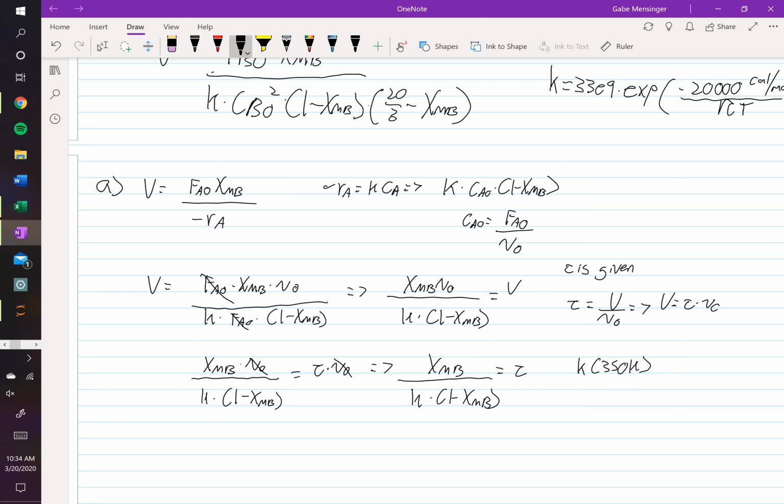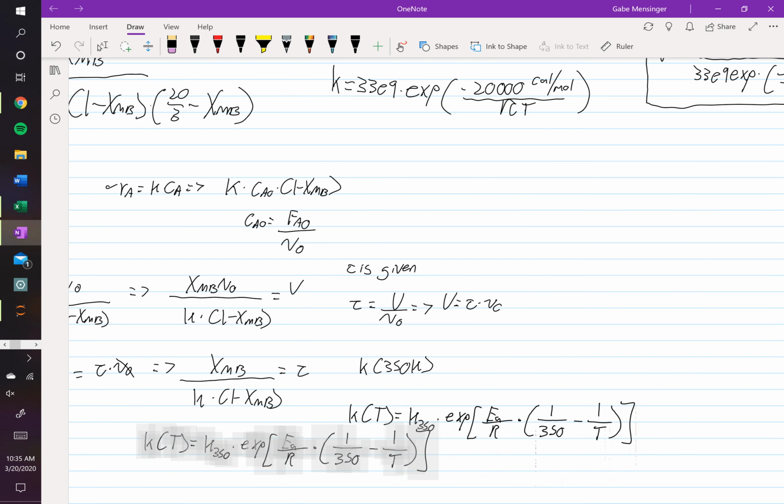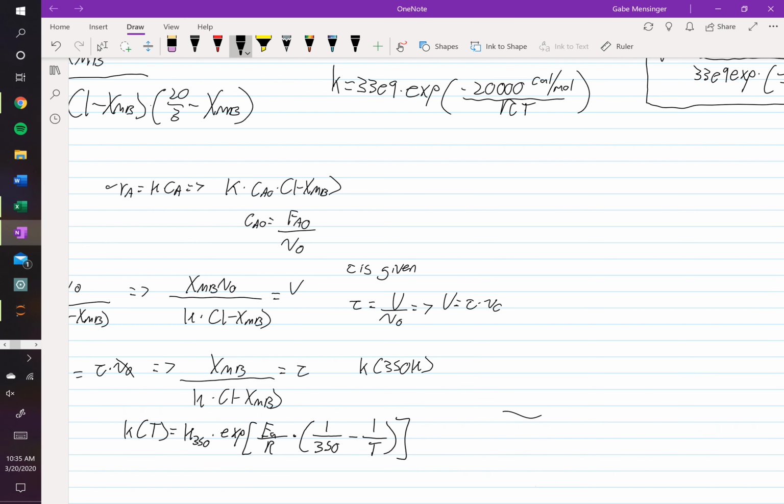So we'll have to use the expanded form of the Arrhenius equation to get K at T, with E over R times 1 over 350 minus 1 over T. I hope I did that right.